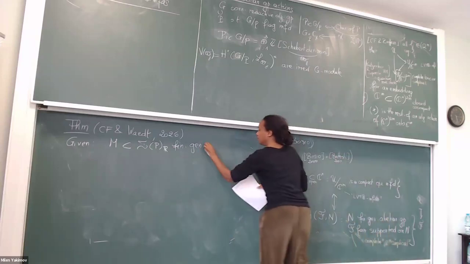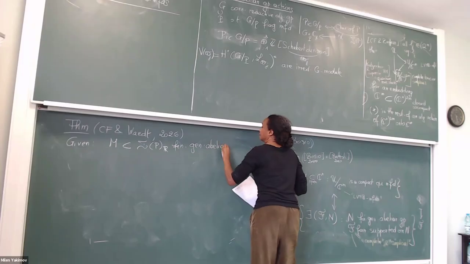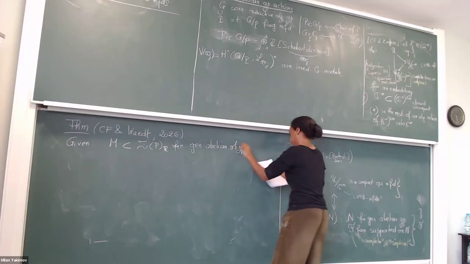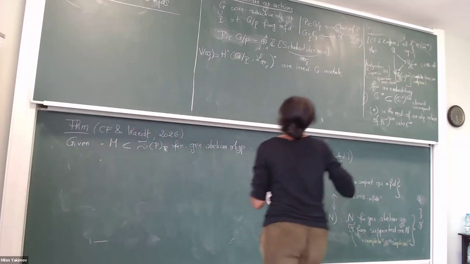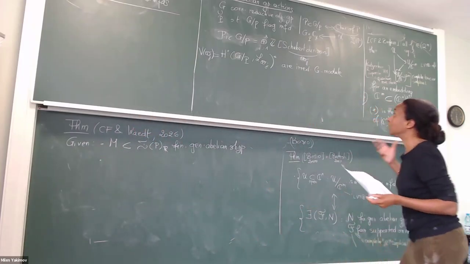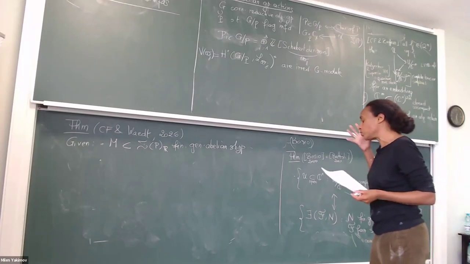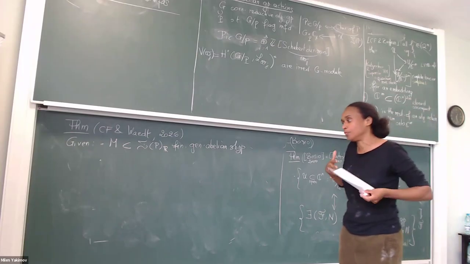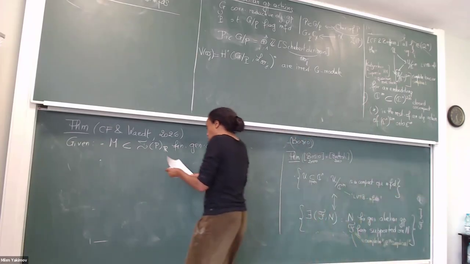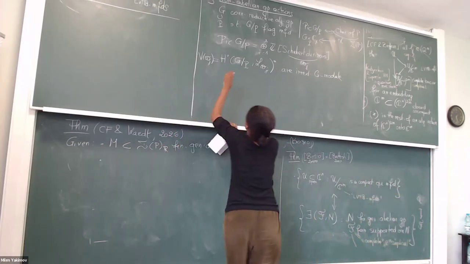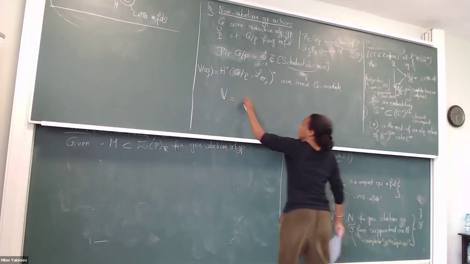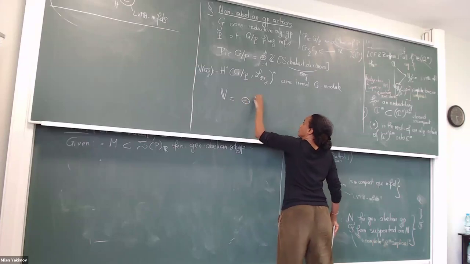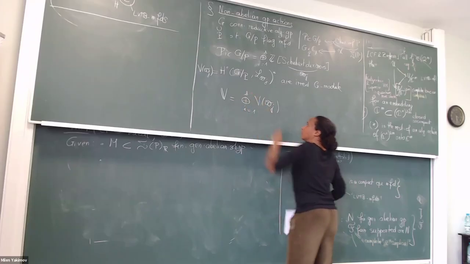Now I want to take my action. This is a C^N module, you can regard it as C^N, but we put more structure. So I need a module. I am taking the sum of all these irreducible modules. This will be my module.